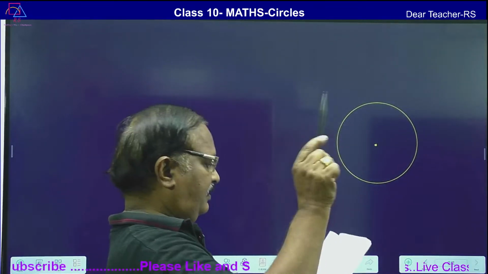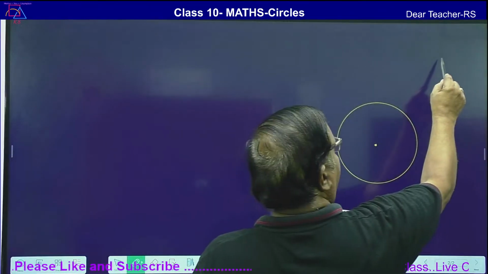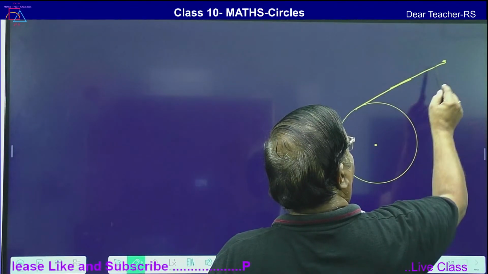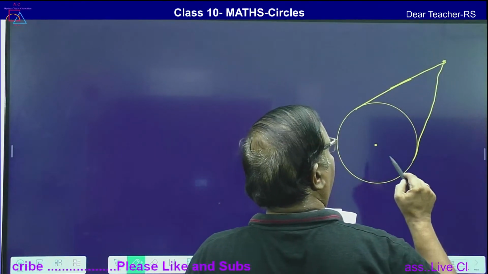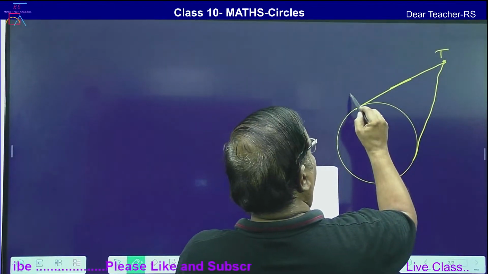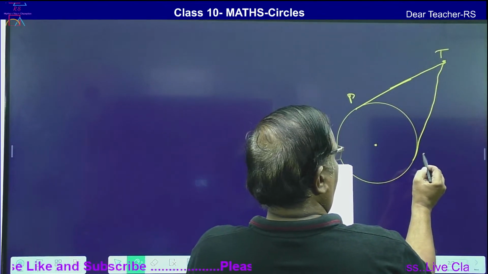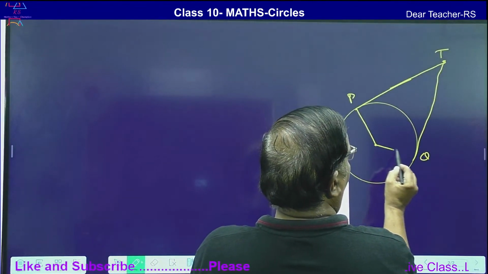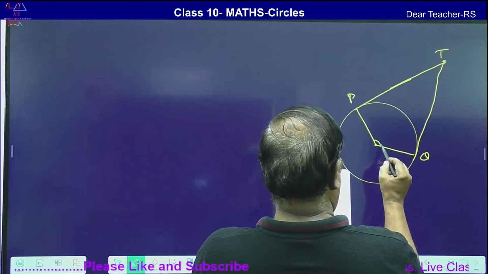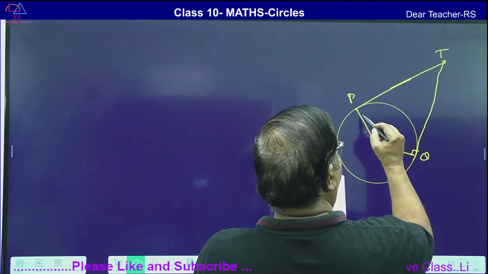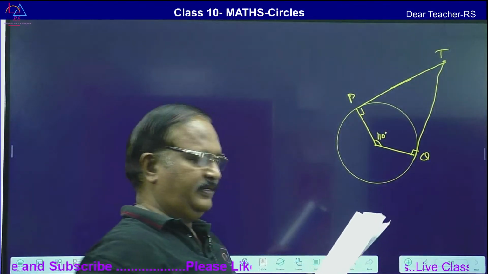T is here, this is a point, this is one tangent, this is one tangent, T, P and Q. Okay, this angle is how much? 110 degrees. We know that radius is always perpendicular to tangent.